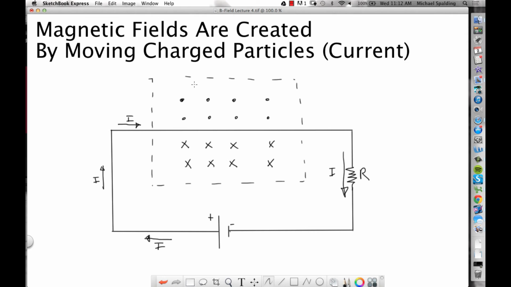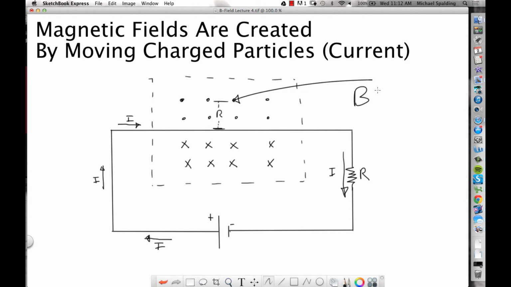Now, the equation for finding magnetic field at a distance from a wire. So let's say you go a distance r from the wire, and you want to find out what the magnetic field is right there.